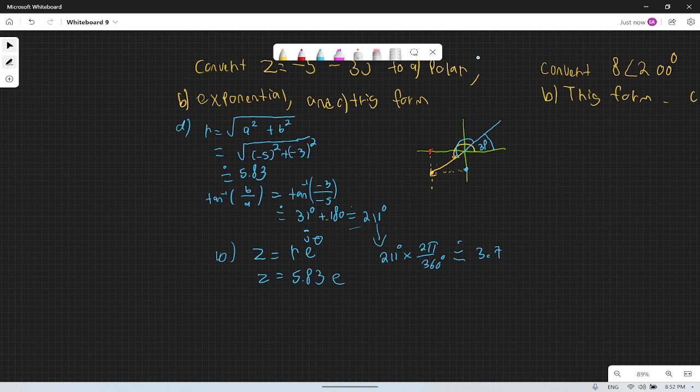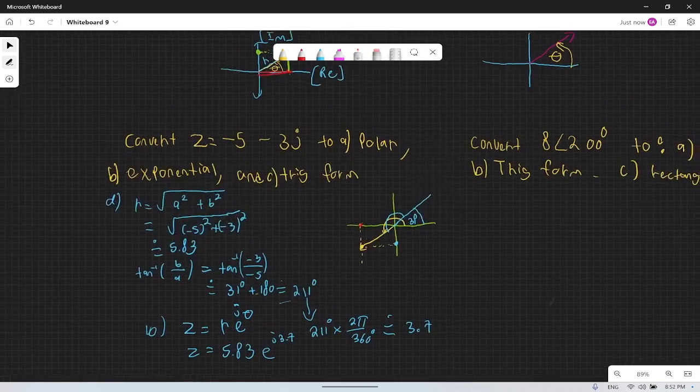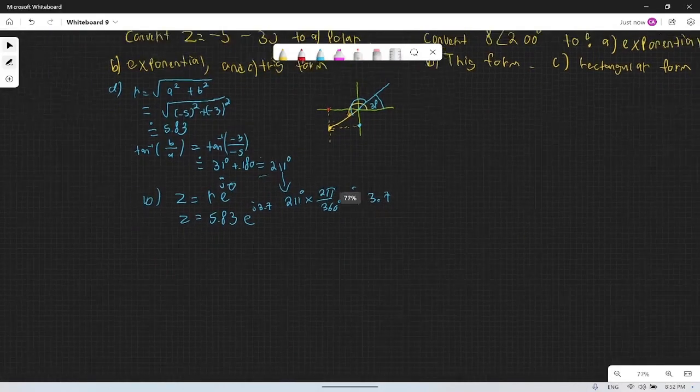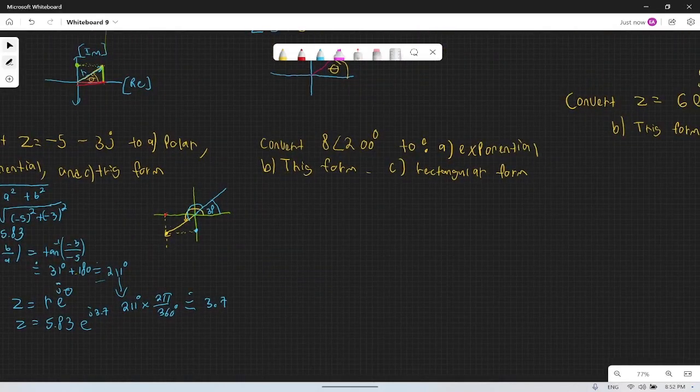So that would mean our angle is j3.7. I'm just keeping a couple significant digits here to make it easier, but on your tests, I'd keep 3 significant digits or more to be safe.